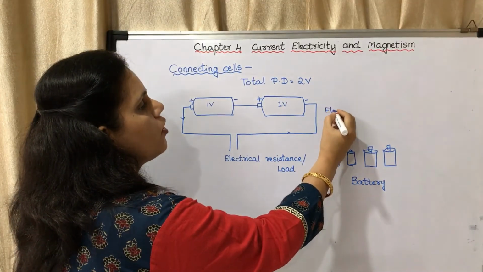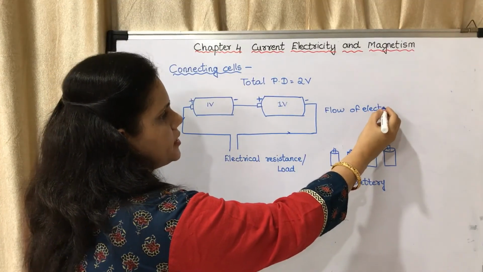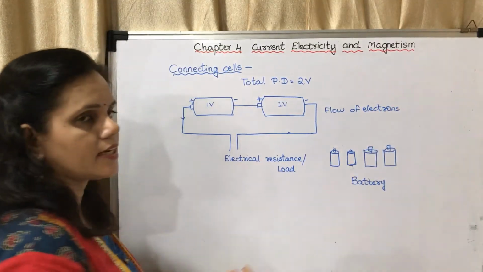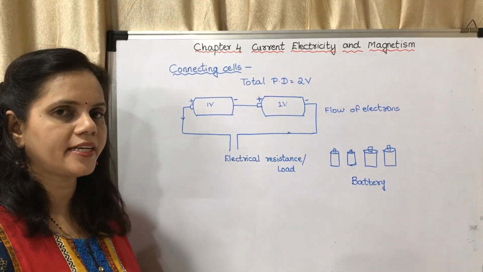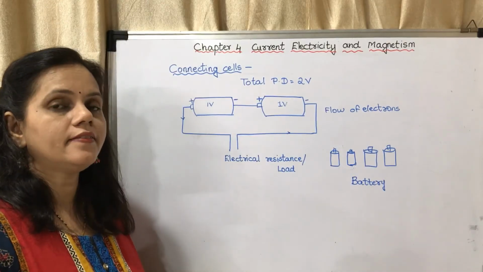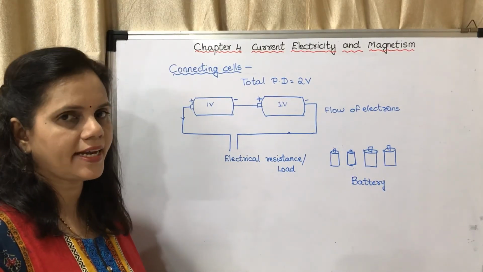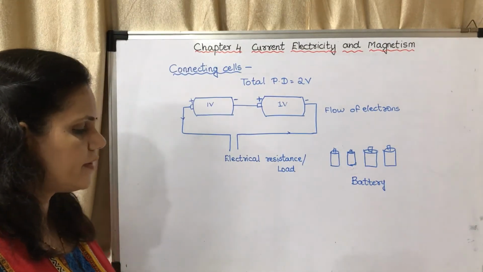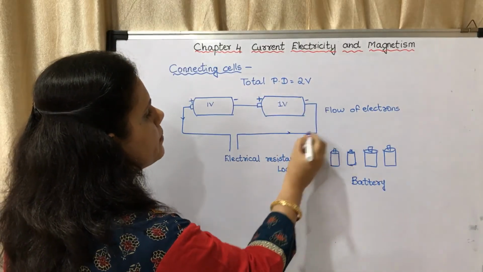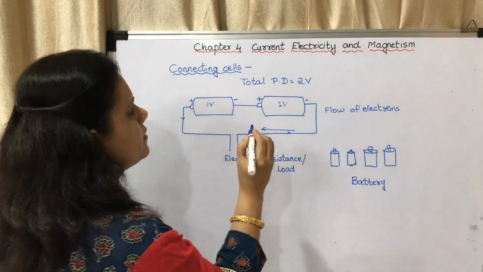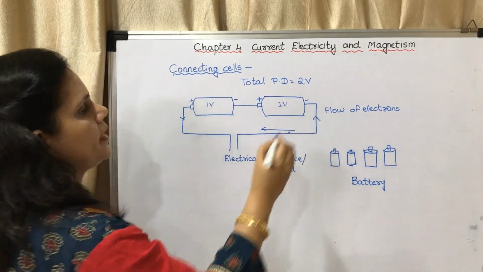The flow of electrons will be from negative to positive. I had told you earlier in the first lecture also, the flow of electrons is from negative to positive, but the current is said to flow from positive to negative. In the diagram, the flow of electrons is from negative to positive, but the current is flowing from positive to negative.